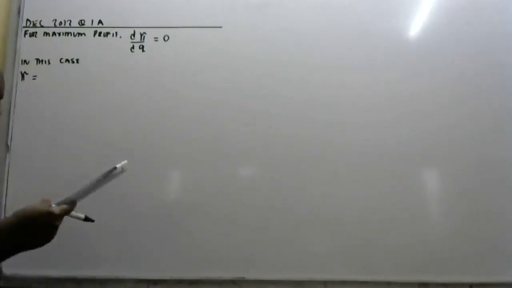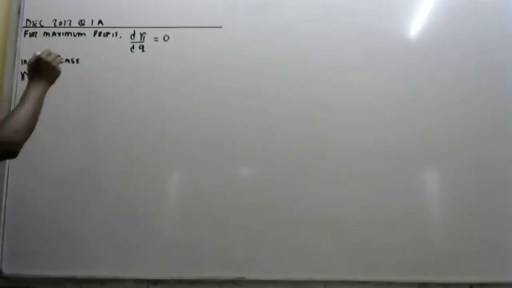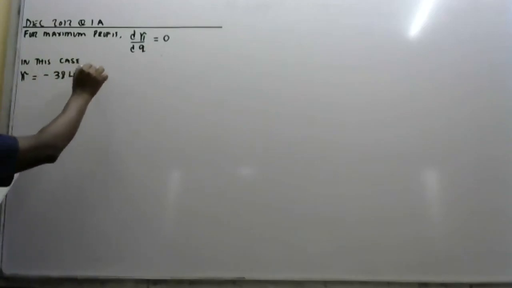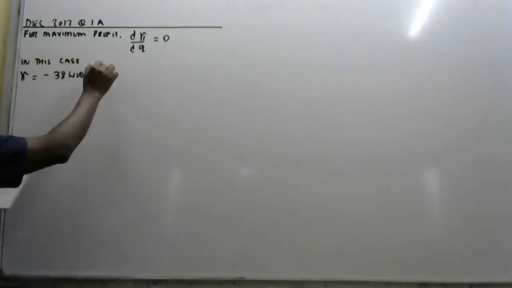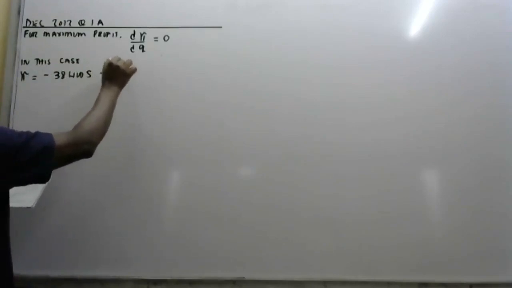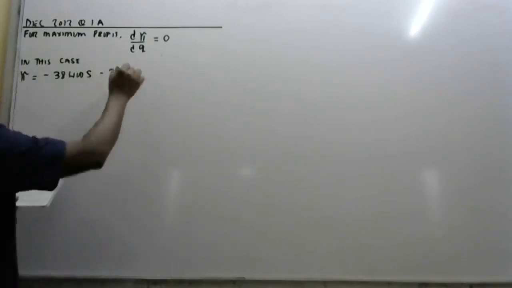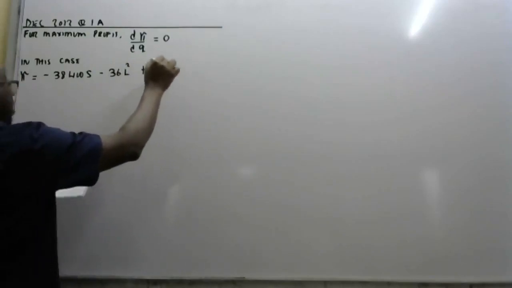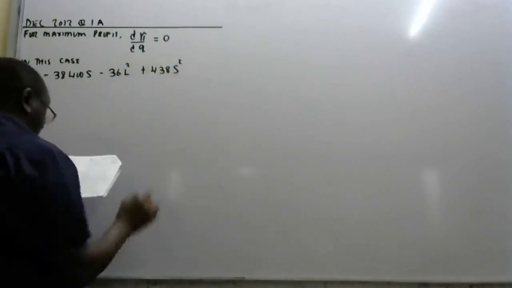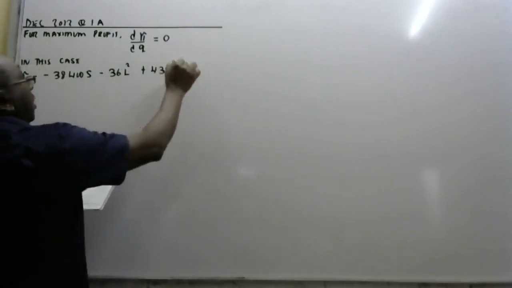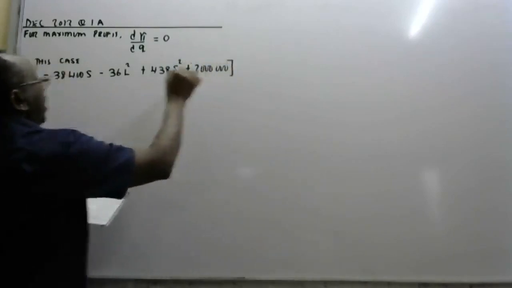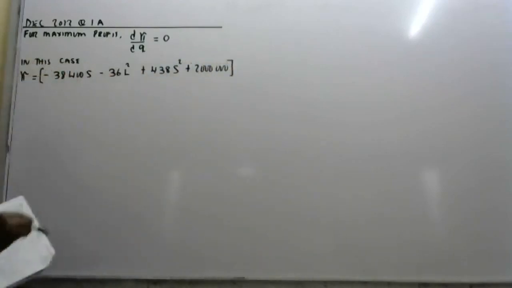So you can see the total revenue, which is minus 38,400S minus 36L squared plus 438S squared plus 2 million. Now that is the cost function.